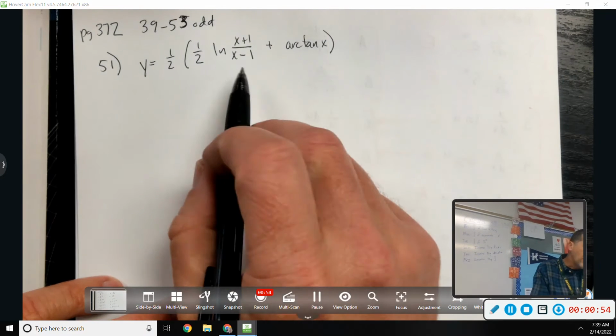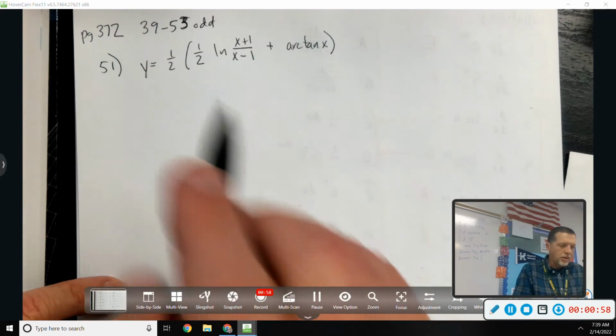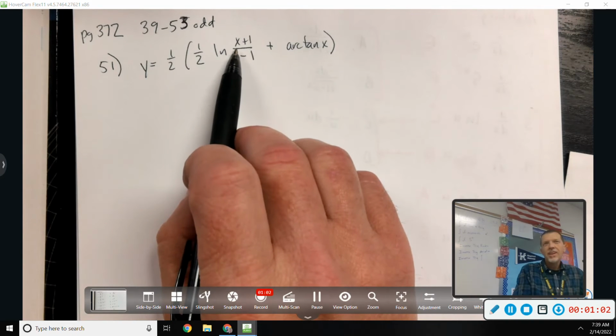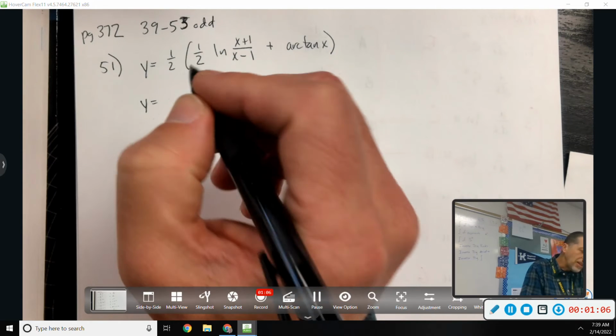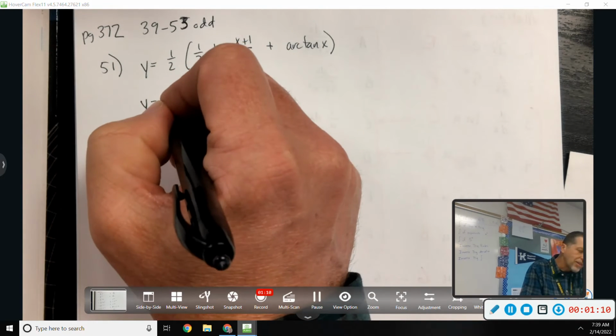Okay. If I do this now, I'm going to have a mess right here. I mean, I guess I could do it. It'd be 1 over this times the derivative of that. But there's an algebra rule that will make my life a little easier. I'm going to distribute the 1/2.